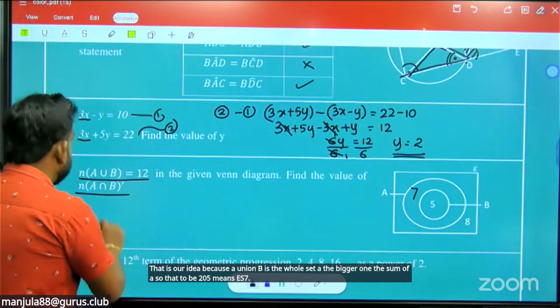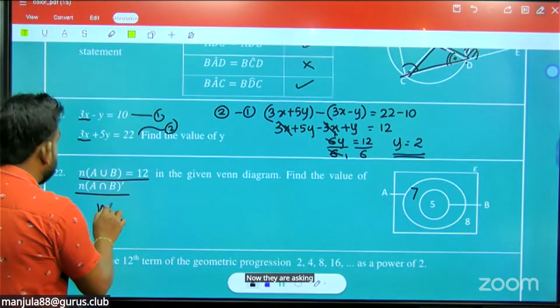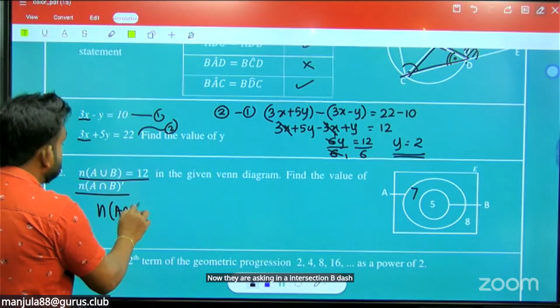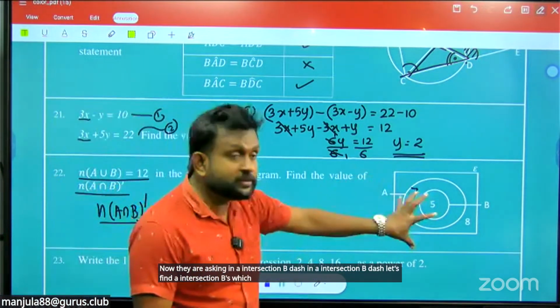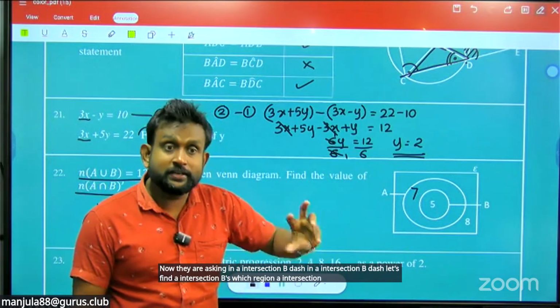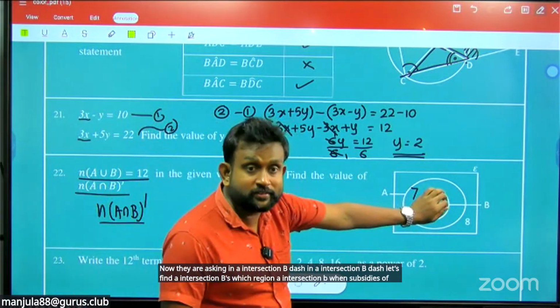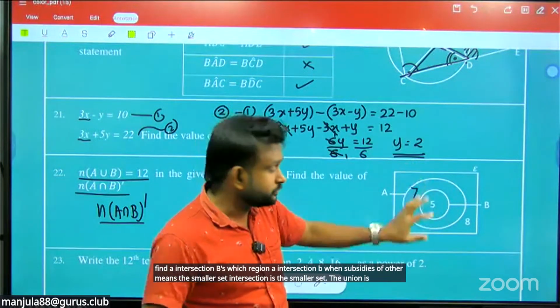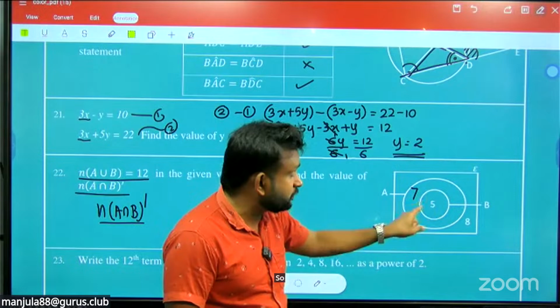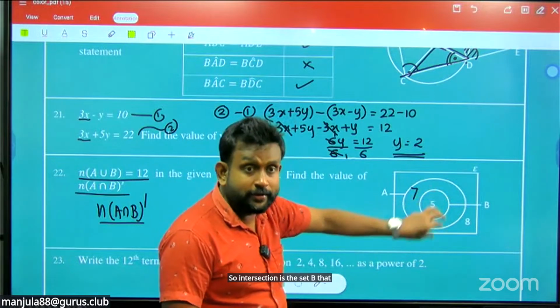Now they are asking for A intersection B dash. First find which region is A intersection B. When one set is a subset of the other, the intersection is the smaller set and the union is the bigger set. So the intersection is the set B, which has 5 elements.